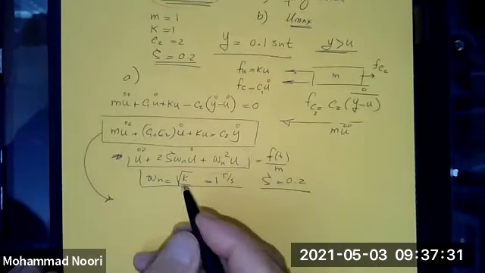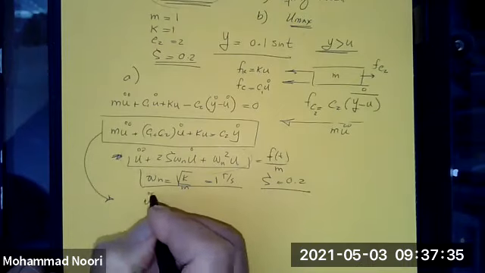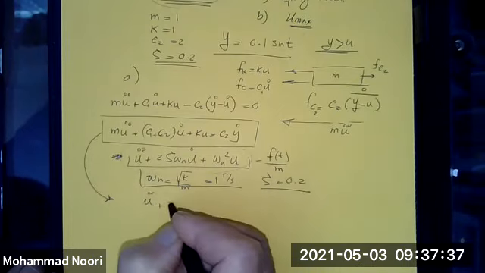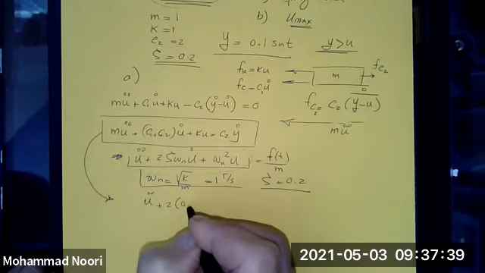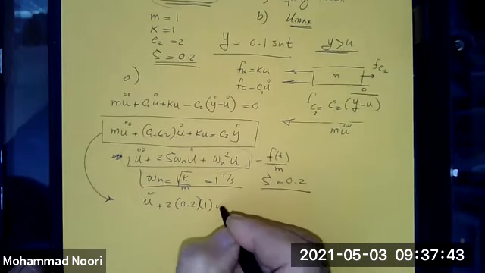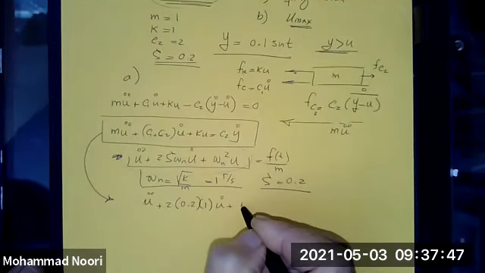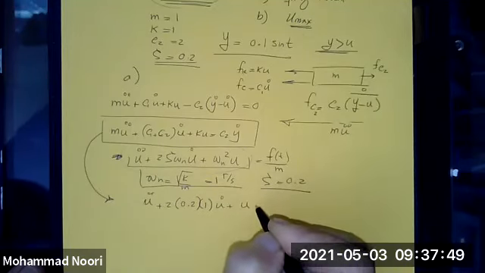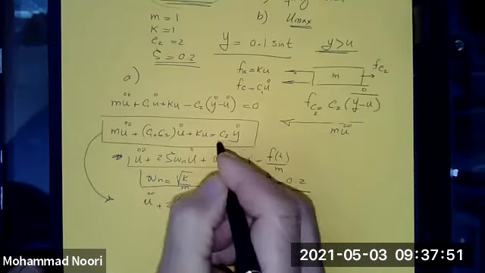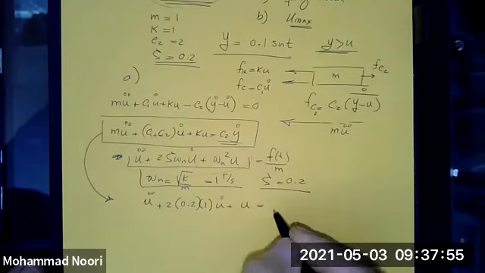You have u double dot plus 2 times zeta, which is 0.2, times omega n, which is 1, times u dot, plus omega n squared, which is 1, so just u, equal to c2 times y dot.